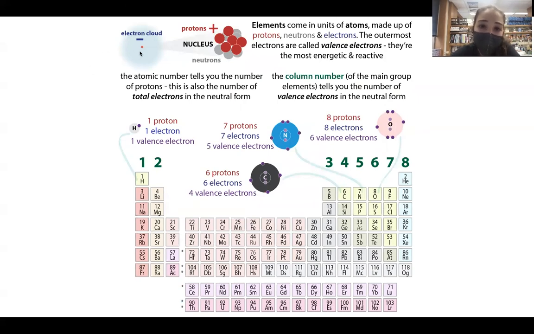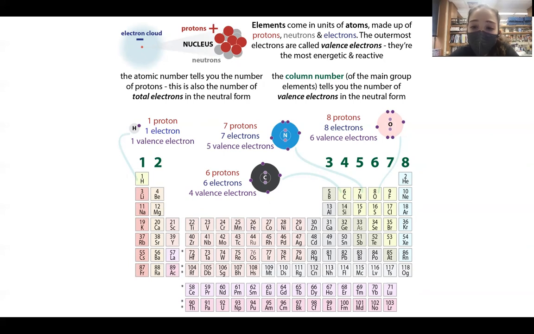The number of protons defines the element. So hydrogen's always going to have a single proton, and hydrogen only has one electron. The common form of water doesn't actually have any neutrons. And so this means that if you take away that electron, it's still hydrogen because it has one proton, but that's all it has.